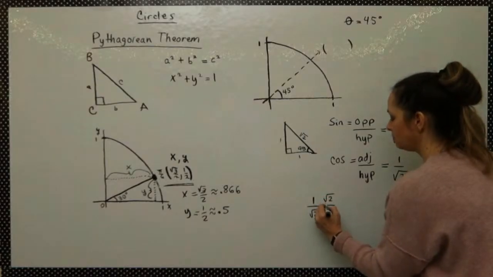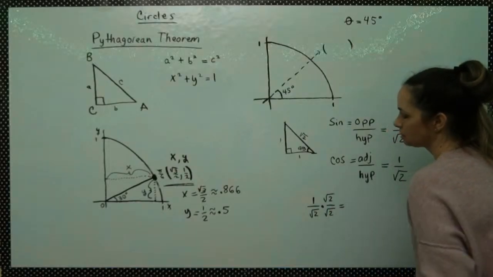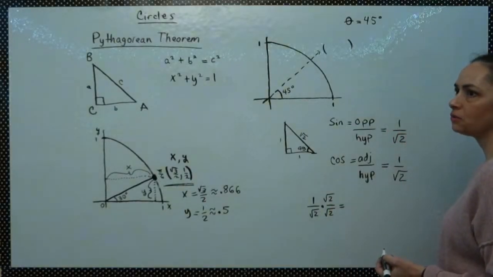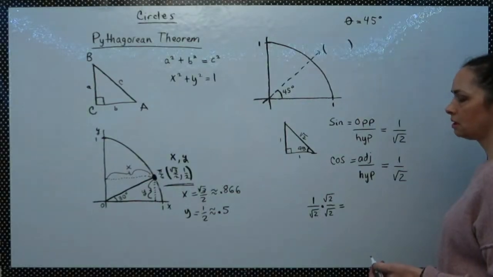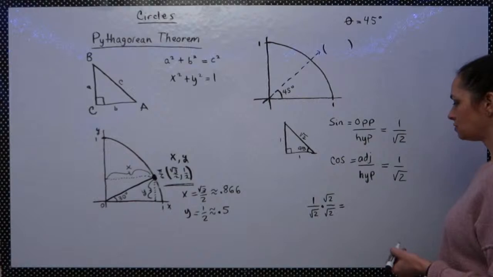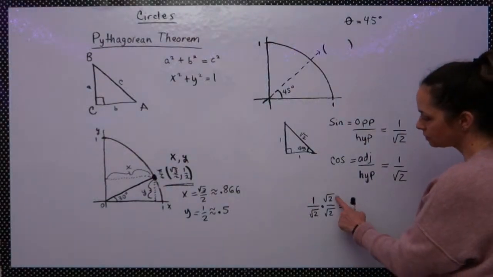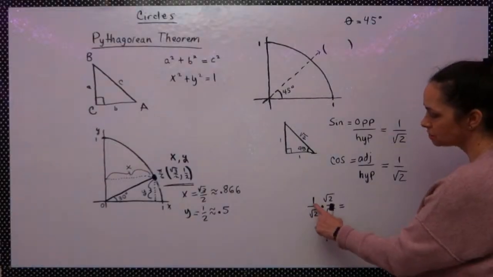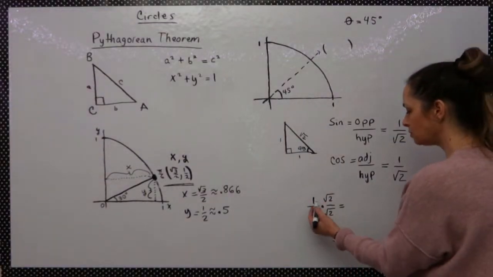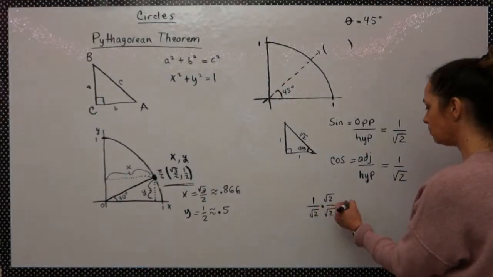So if you multiply a number by the quantity 1, you don't change the value. 1 times 4 is just 4. 1 times a trillion is just a trillion. So 1 times radical 2 over radical 2 is just going to be 1 over radical 2. It's not going to change that value. But in doing that, you remove the radical from the denominator, which is what they want you to do.